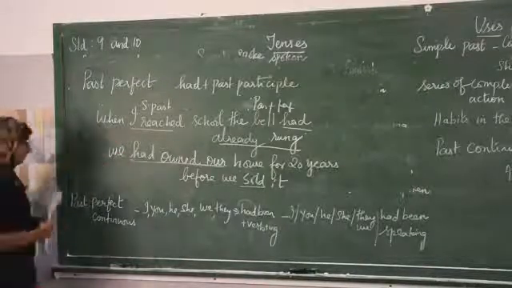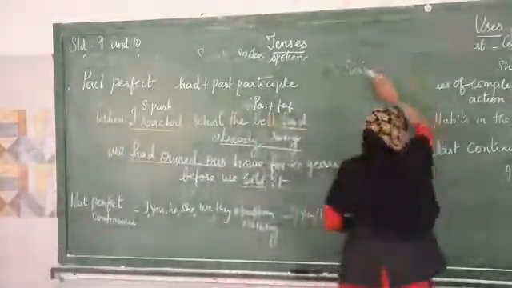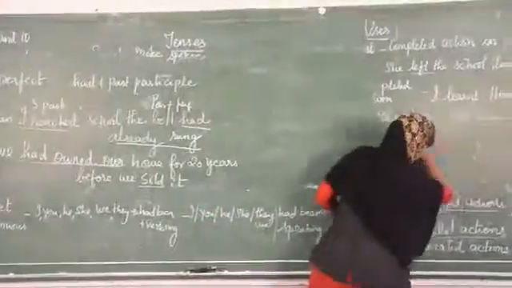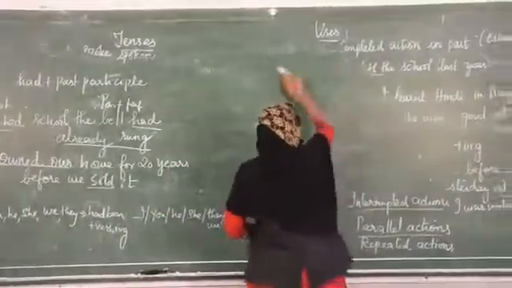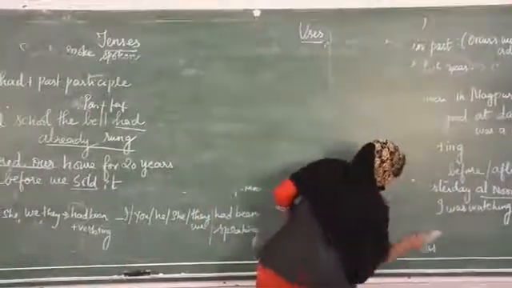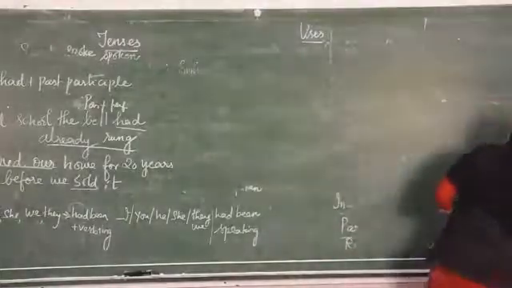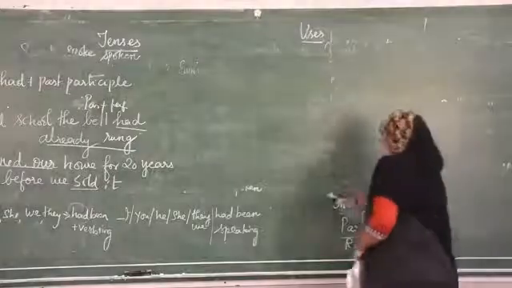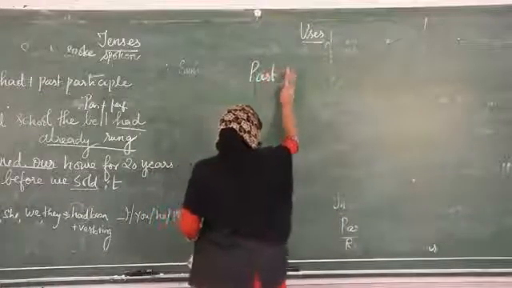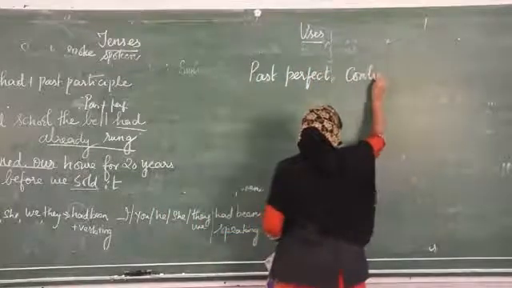Now next one is past perfect continuous tense. This past perfect continuous tense refers to an action that had begun in the past, okay, and it was continuing in the past before another action took place. Past perfect continuous.